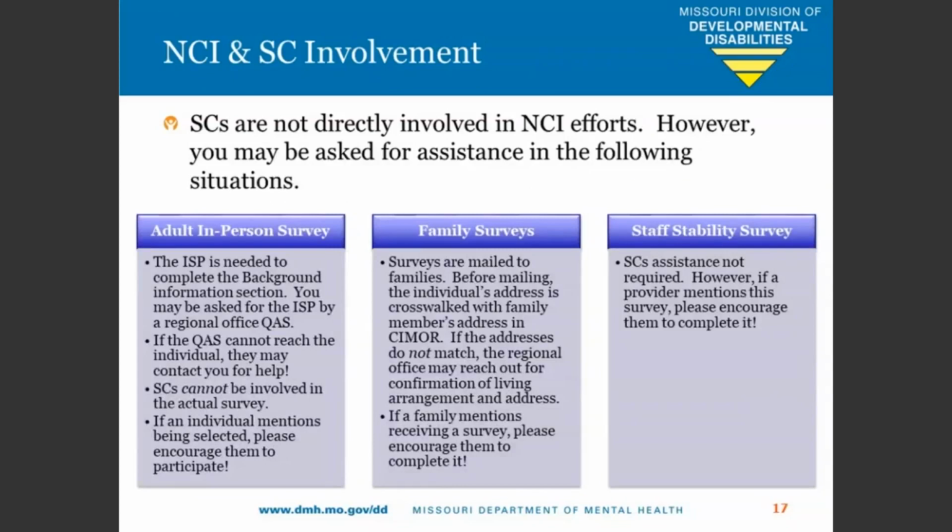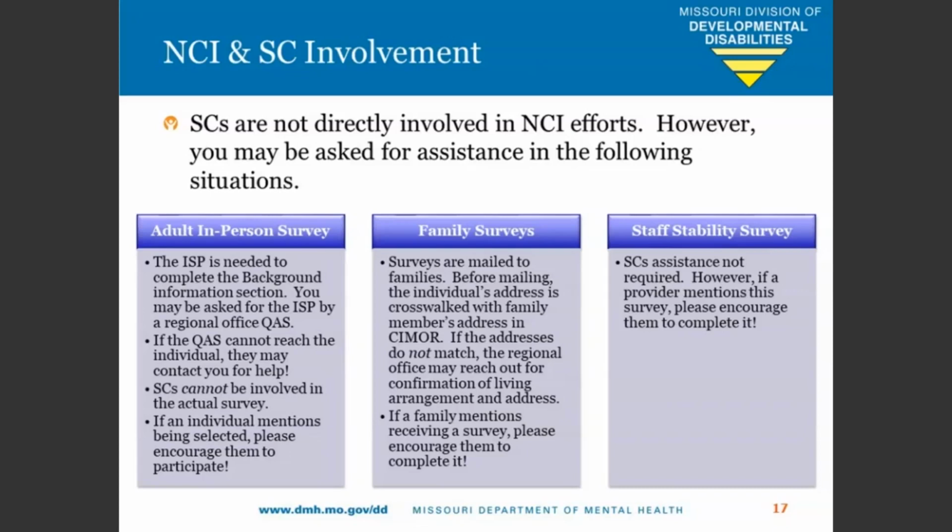So you all are not directly involved in NCI, but we might reach out to you in certain situations. So that is the adult InPerson survey, and this is the face-to-face survey with individuals, which I will do.